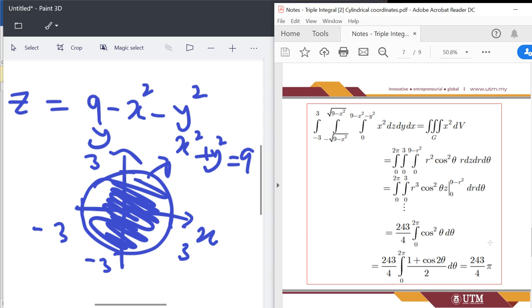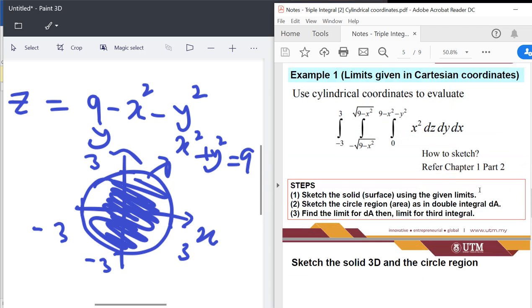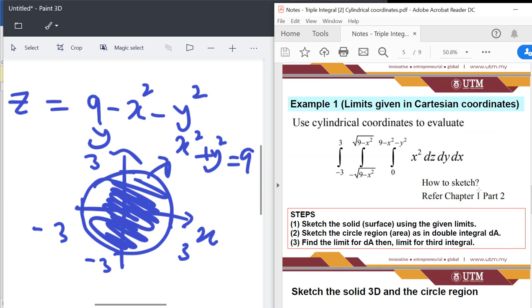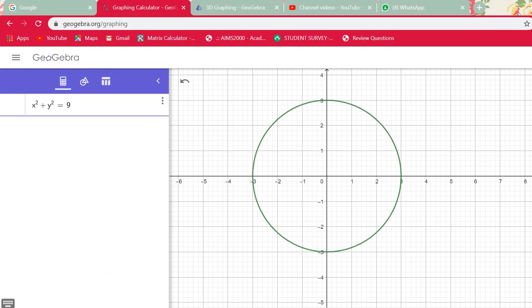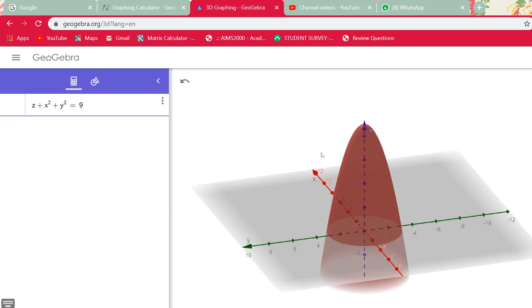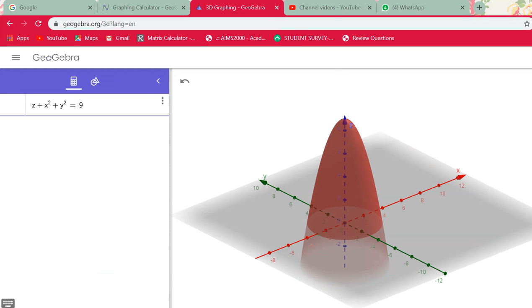Basically, the difference between polar coordinates and cylindrical coordinates is the addition of z. From the question given, you have to decide which plane the projection is on: xy plane, xz plane, or yz plane. In this case, it is obviously on the xy plane, so we choose type 1.